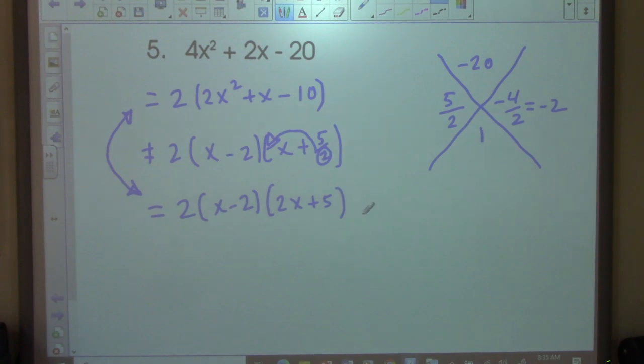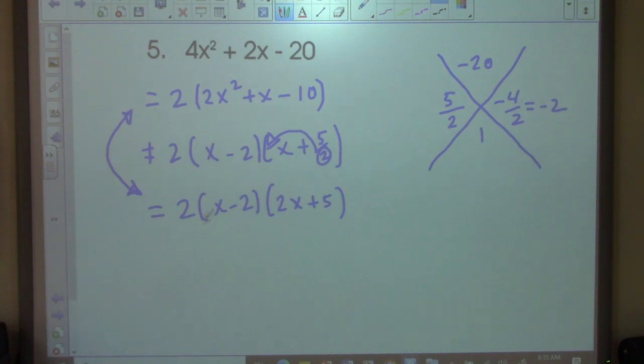And so now, is that what you got for that, Colby? No? What did you get? I got the 2x plus 5 right, but I didn't get the other one. You didn't get the x minus 2 right? No, I got an x minus 4. Oh, you got x minus 4, okay.